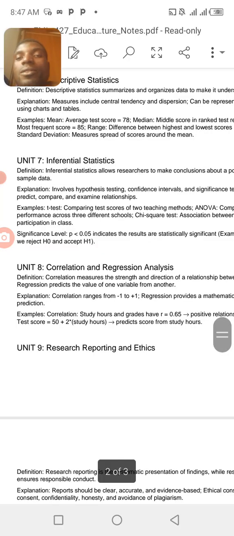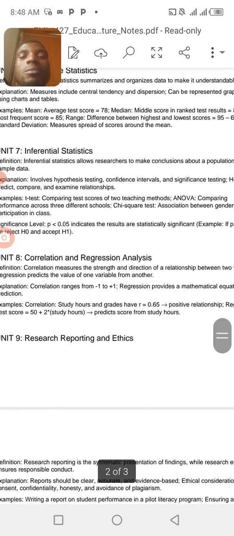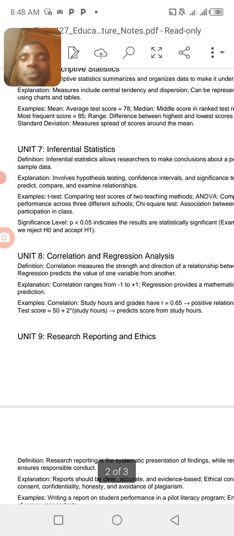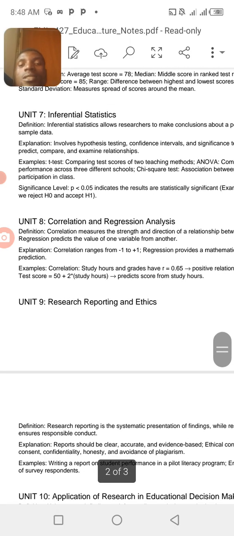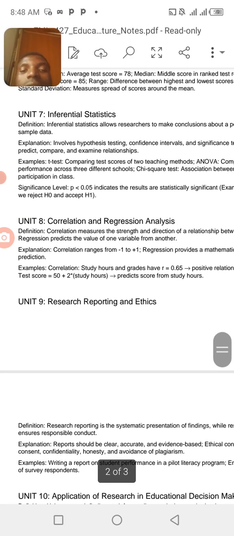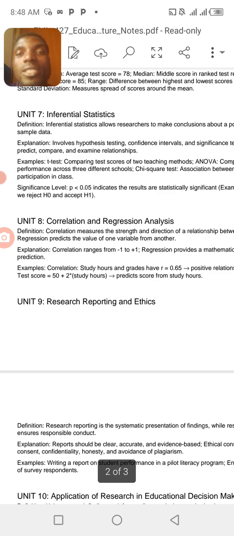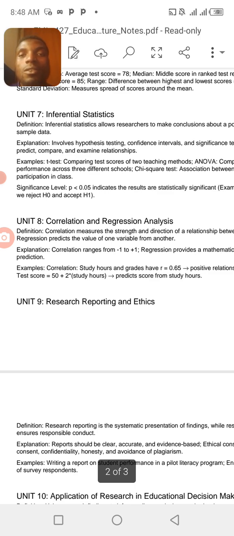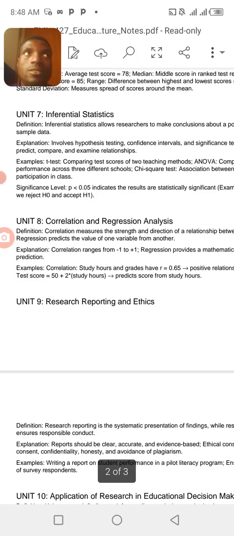And in the 7th, we're going to talk about inferential statistics. That means we are going to allow researchers to make conclusions about the population based on sample data. Right? Unit 8, we're going to talk about correlation and regression analysis, as we can use correlation analysis to compare data and regression analysis to know the effects of the data.